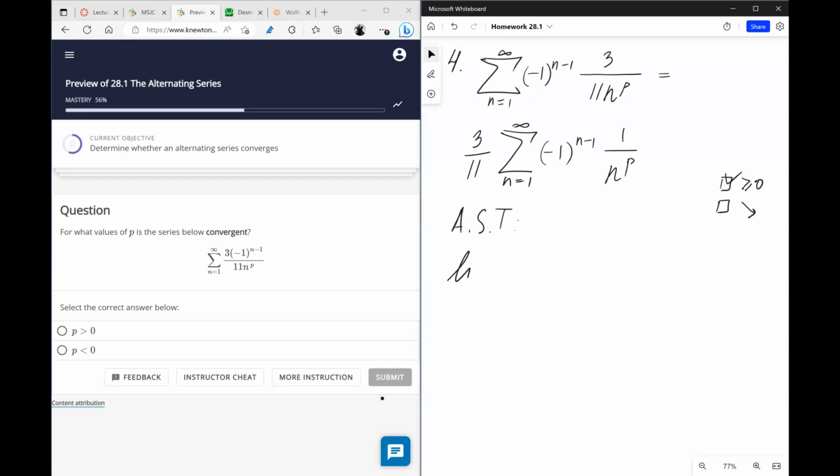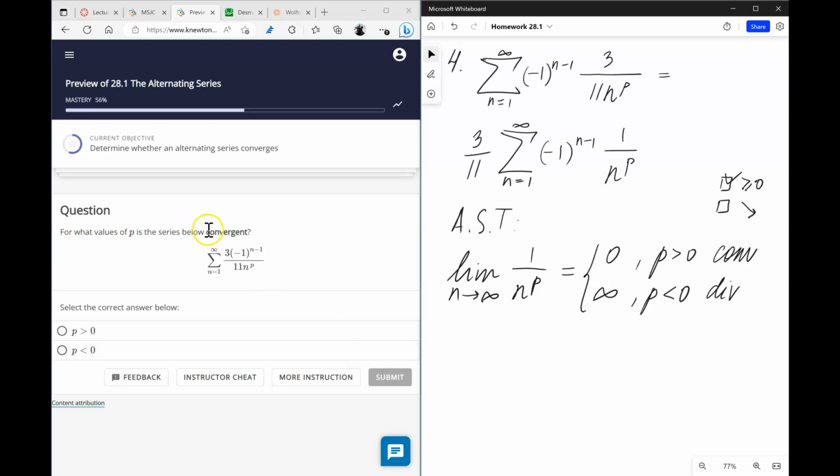So the idea is that we're looking for this limit, and this limit is equal to 0 when p is positive, and it's equal to infinity when p is negative. When p is positive, the series will converge. When p is negative, the series will diverge. And the question here is for which values of p it's converging, and it's converging when p is greater than 0.